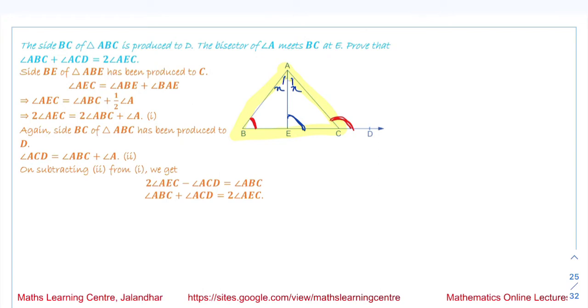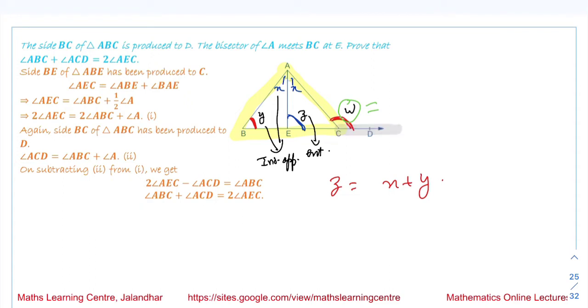So I also mark these as, suppose, this is Y, this is Z, and this is W. Z is the exterior angle, and X and Y are the interior opposite angles for Z. So the equation we get is Z is equal to X plus Y. Similarly, W is the exterior angle, so it is equal to X plus Z. This is X and this is Z. So we get two equations over here.